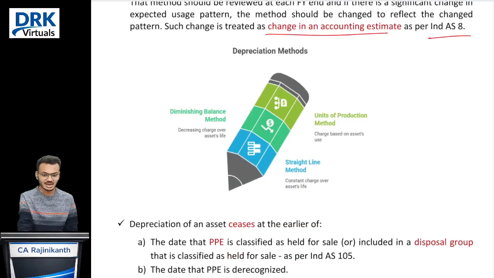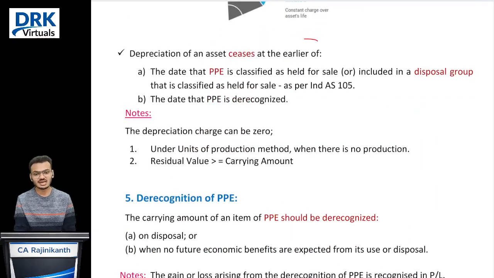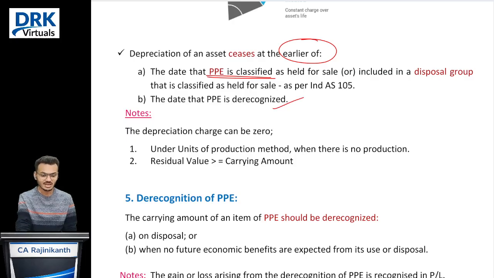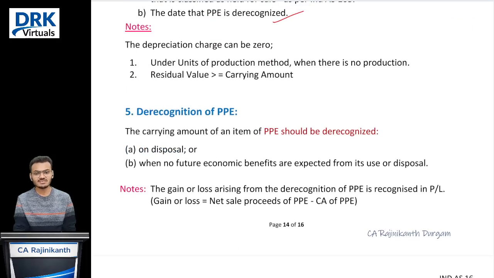And depreciation of the asset ceases at the earlier of the following dates: when that asset is classified as held for sale or included in the disposal group that is classified as held for sale, or the asset is de-recognized. So at the earlier of these 2 dates, depreciation is ceased. And next one is, depreciation of the asset can be zero when we follow the units of production method and for any particular year there is no production.